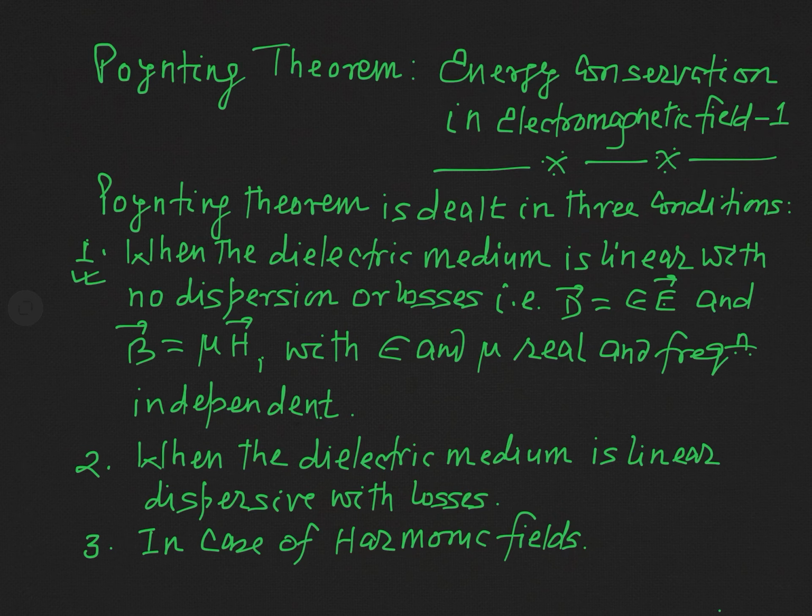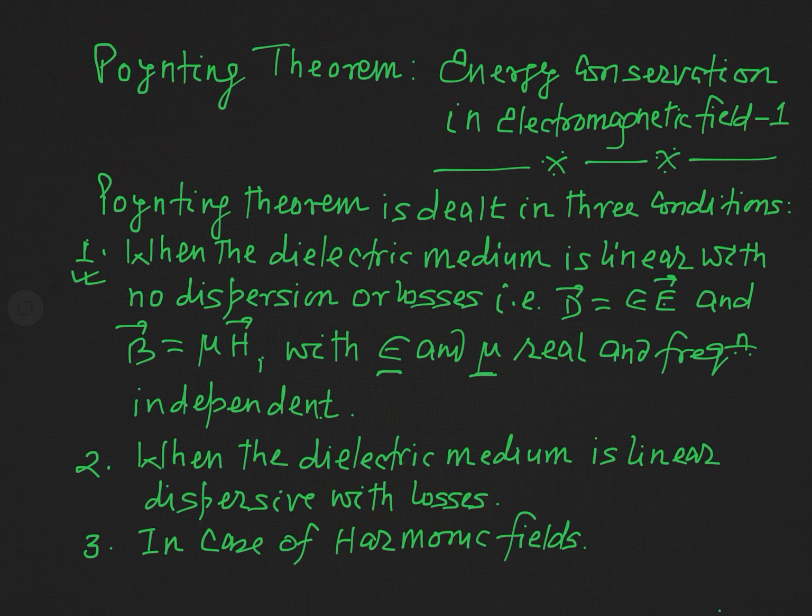When you say there is no dispersion, what does it mean? Actually, dispersion means variation of this epsilon and mu with frequency, and these are in fact complex in that case. When dispersion takes place, then epsilon and mu are not real but complex.